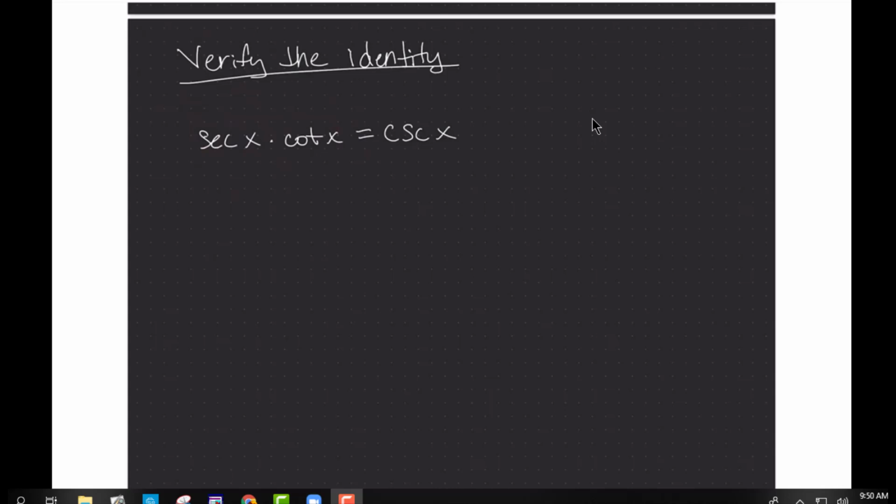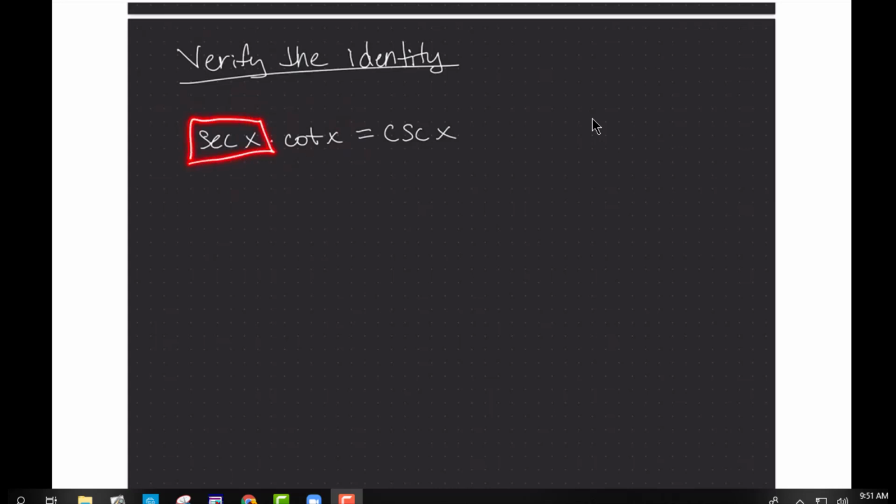Good job. So everything on this left-hand side, for the most part, we are always going to try to get into terms of sines and cosines. When we can get all of this into sines and cosines, it makes our life a lot easier. You ready to hammer this one out? I'm going to start with secant.